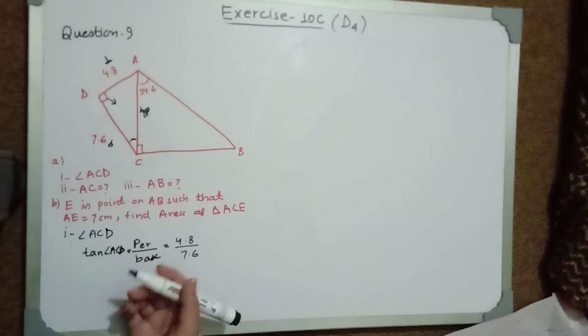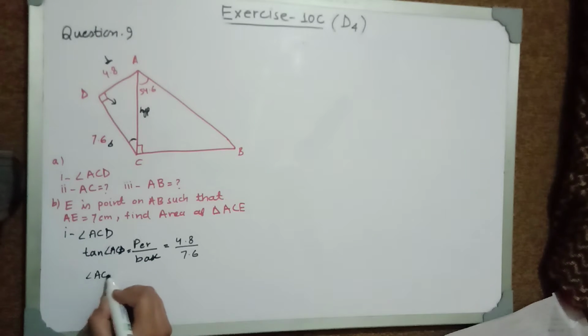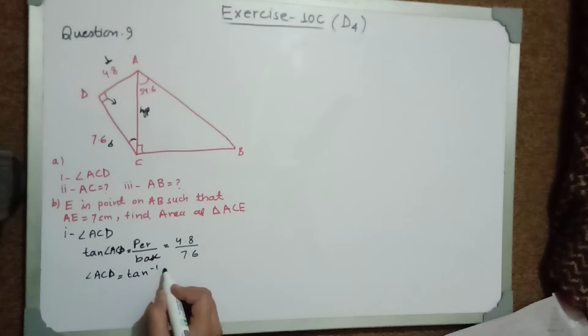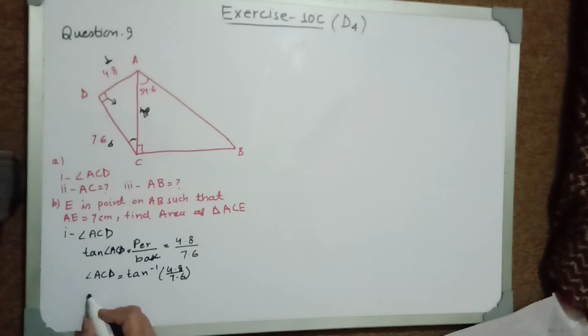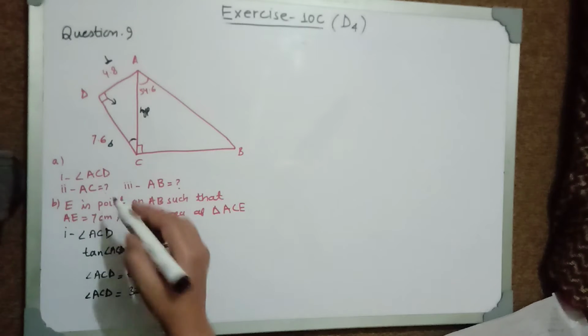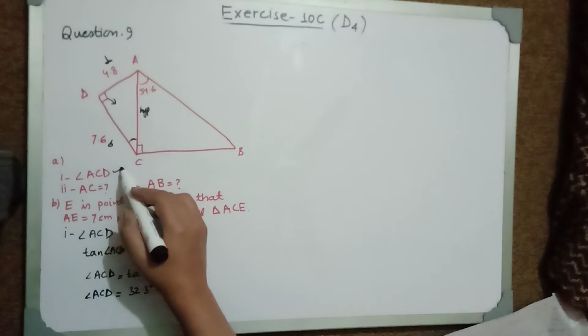So here I can also write that angle ACD is equal to tan inverse of 4.8 over 7.6. Now on finding the value, you will get ACD equals 32.3 degrees. So we have just done with this part.